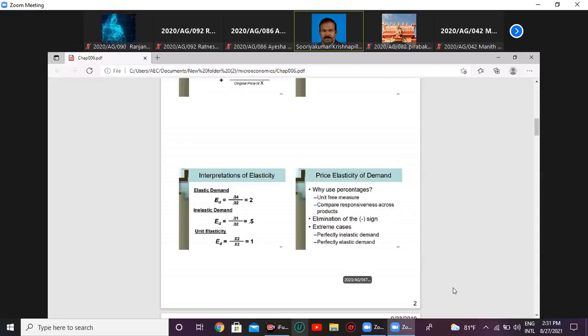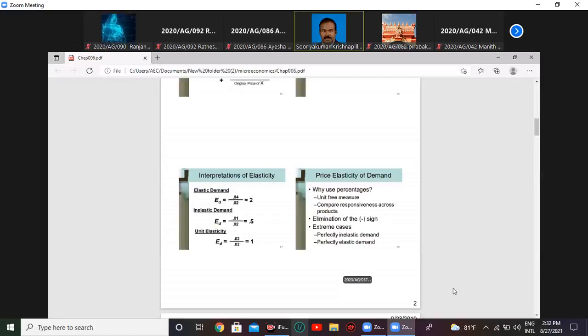But normally, if you use that formula, this value is negative, because when price increases, demand decreases, and when price decreases, demand increases. So mathematically its value is negative, but we ignore that.